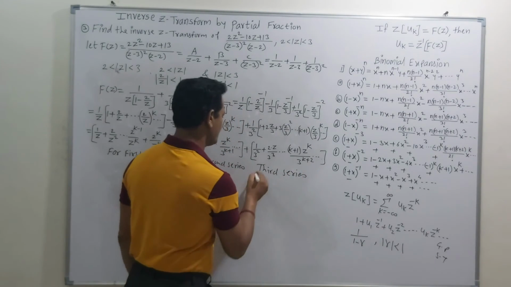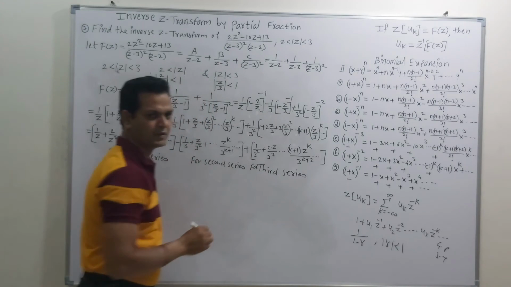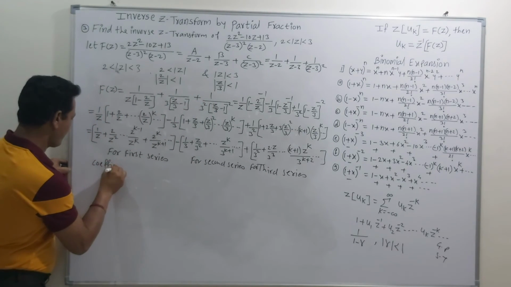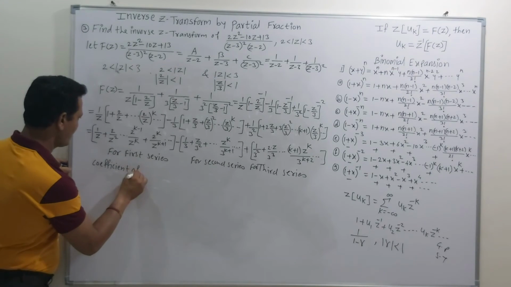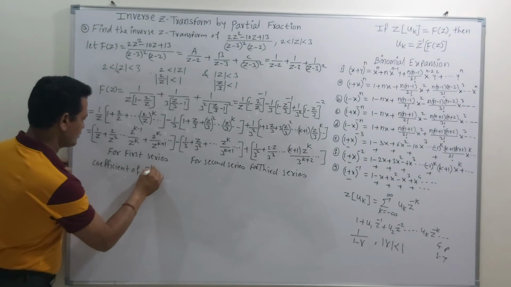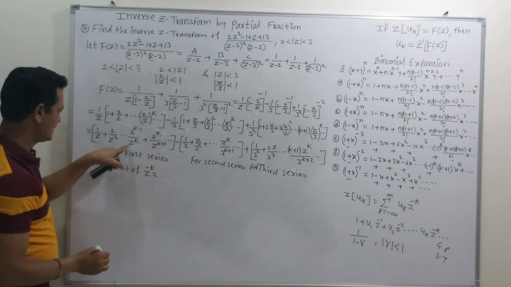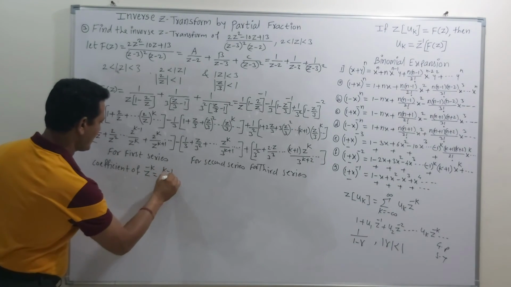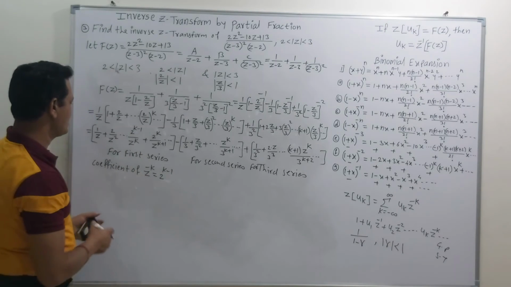Now here the coefficient of z raised to minus k is 2 raised to k minus 1. Now find the condition on k.